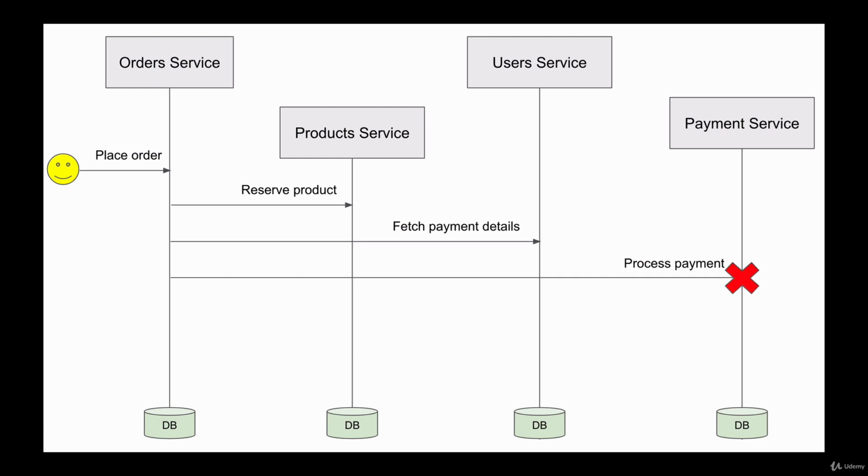The order placement operation is not successful, and we end up with multiple databases in an inconsistent state. We have an open order record in the orders database, and we have a reserved product in the products database. The product was not purchased, and it is not available for other customers to purchase either because it is booked. To fix the situation, we need to implement transaction rollback.